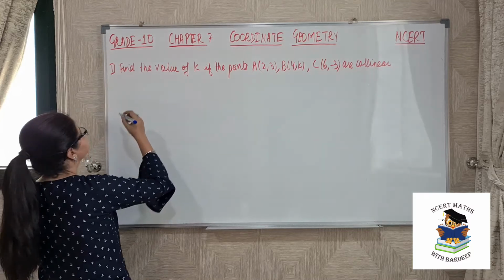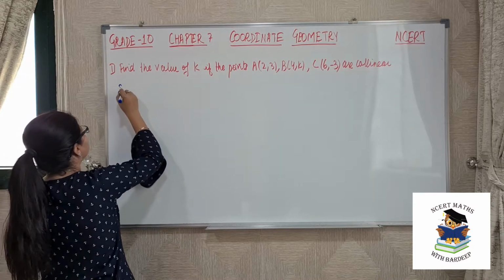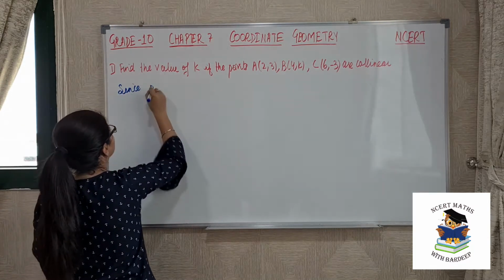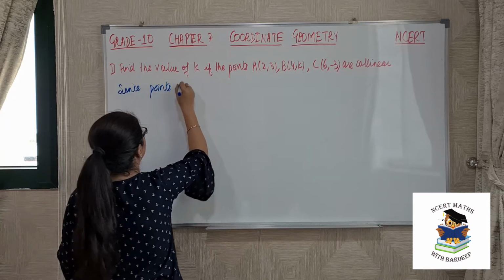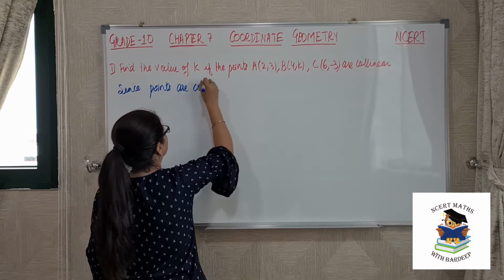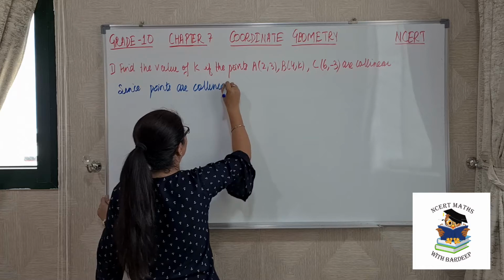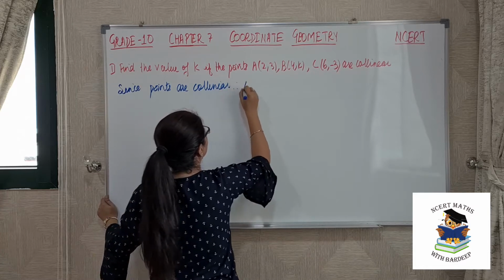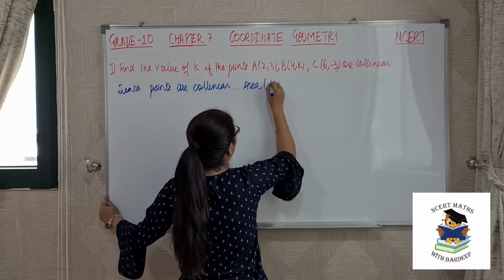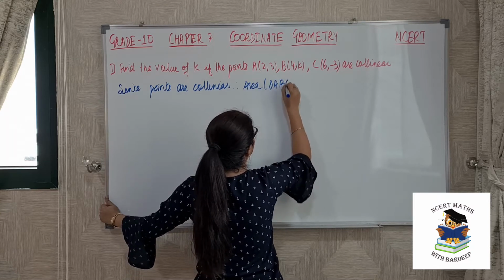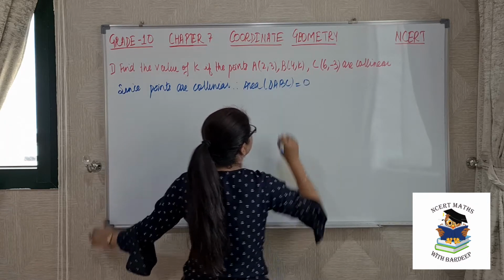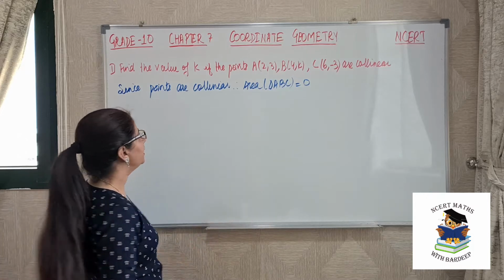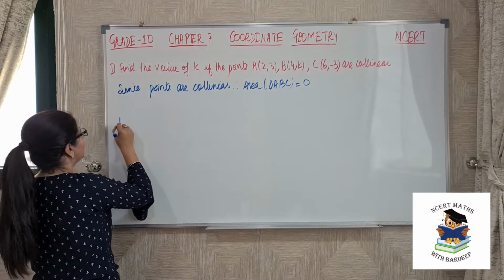So let's write, since points are collinear, therefore area of triangle ABC should be equal to 0. So let's find the area, that is half of.